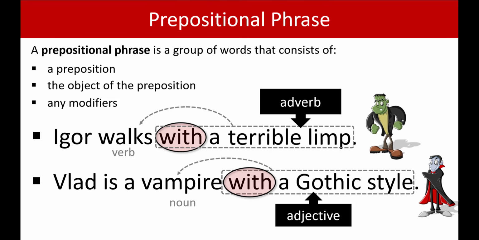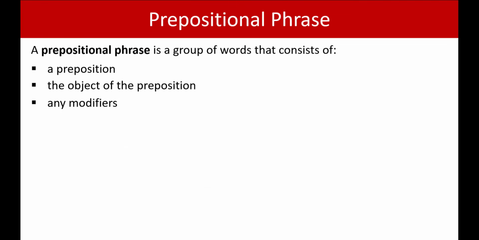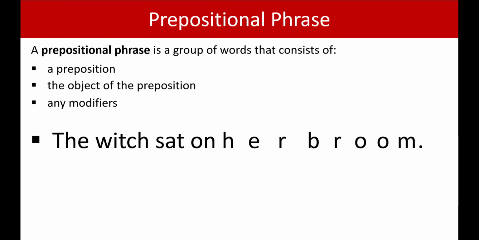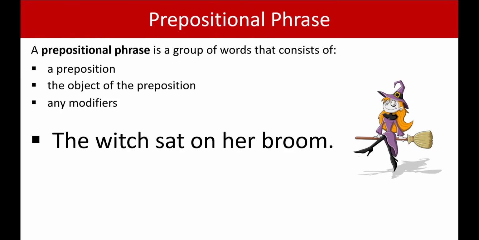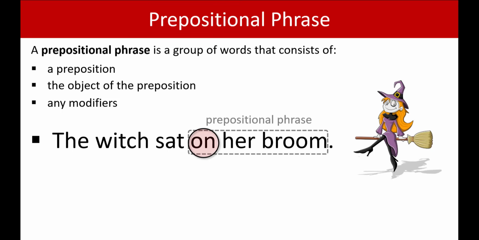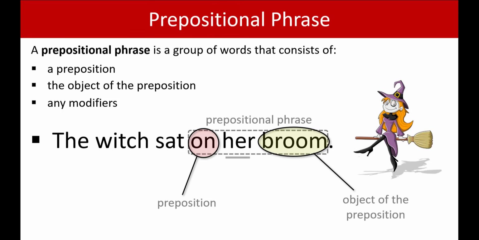I don't want to leave you with this slide because it's quite technical. I want to leave you with this one. The witch sat on her broom. Well, that is our prepositional phrase. Remember, it's made up of a preposition, the object of the preposition, and any modifiers.